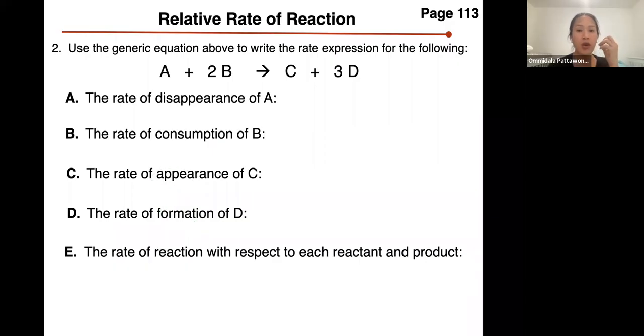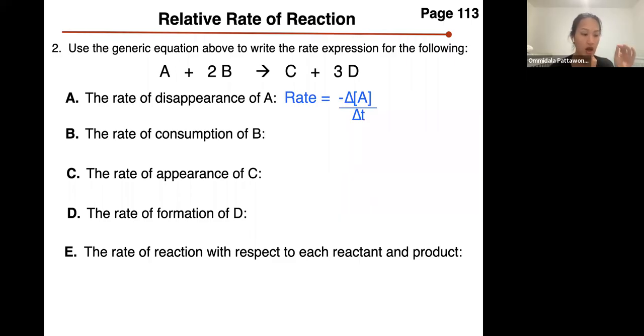Now I'm going to look at one species at a time. If you're looking at the rate of disappearance of A, because the coefficient in front of A is 1, in this case we don't need to do anything. If you write out the rate expression, it's going to be similar to what we saw earlier. You write out the change of A, and because A is the reactant, you use the negative in front of it, over the change of time.